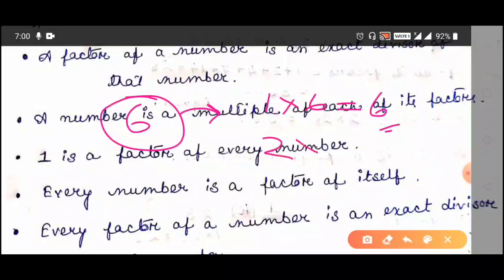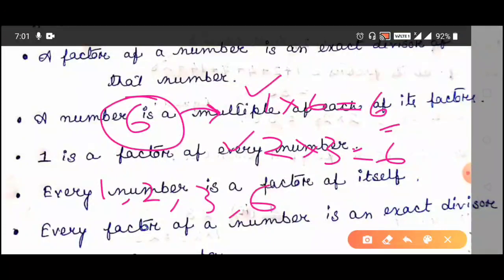Now we can write 2 into 3 is equal to 6. We will get 6 from 1 into 6 and 2 into 3. From any other multiplication table we cannot get 6. So the factors of 6 are 1, 2, 3 and 6.